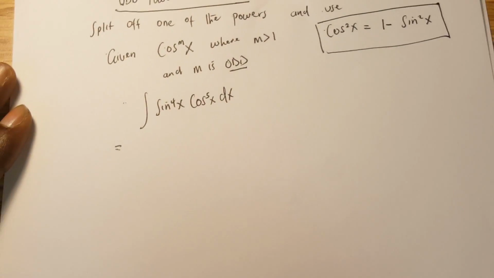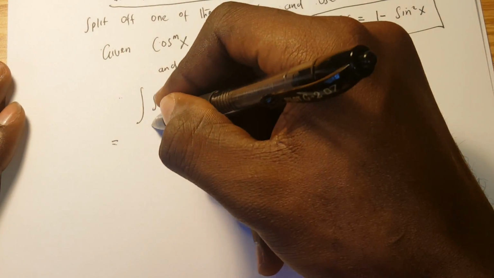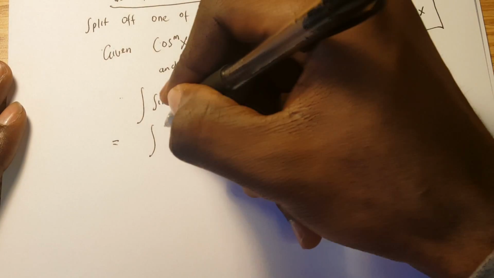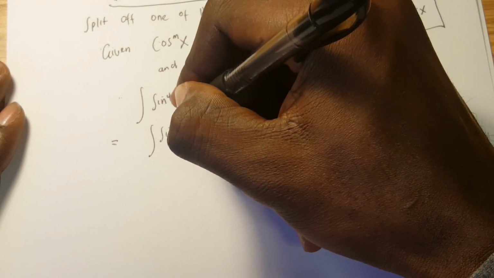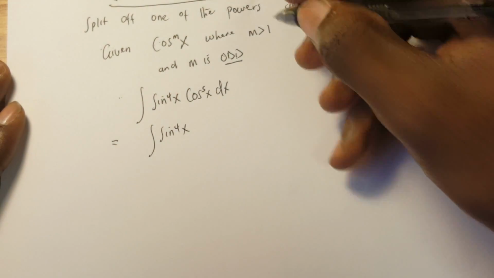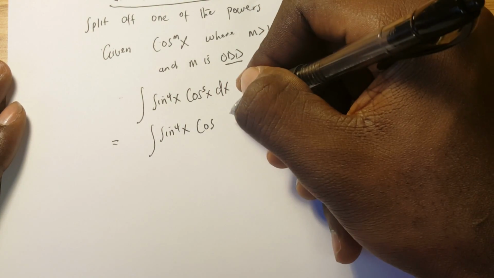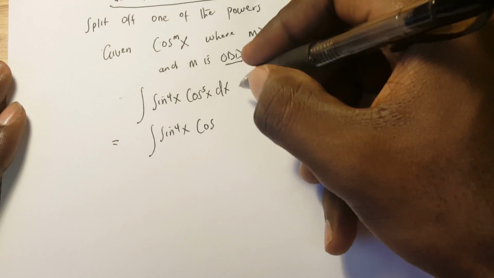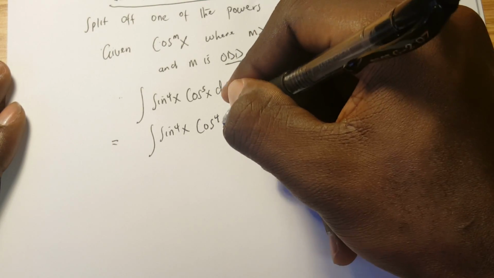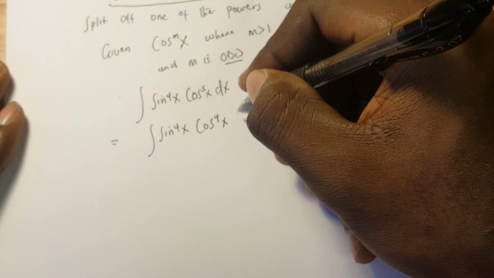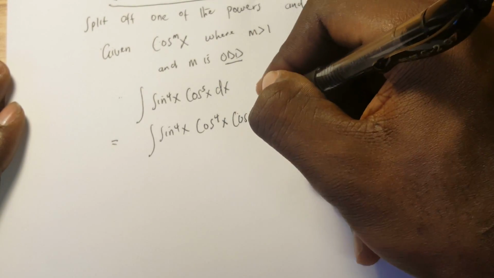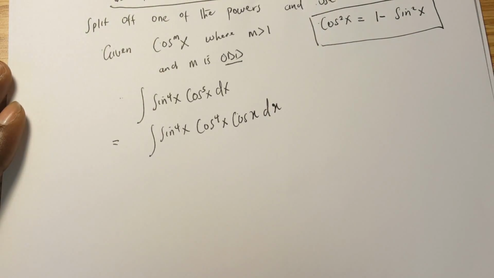So that's what we're going to do. This will be equal to sine 4x. We're going to split off one of the powers here, so we have cosine 4x multiplied by cosine of x dx.